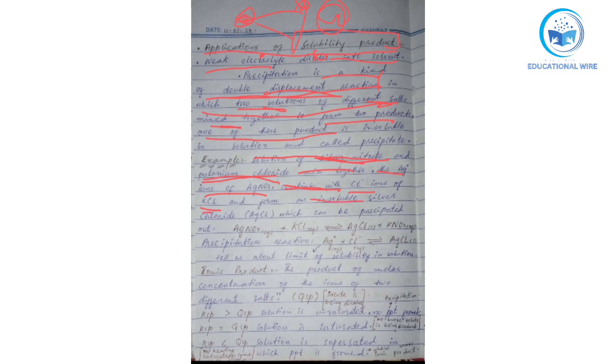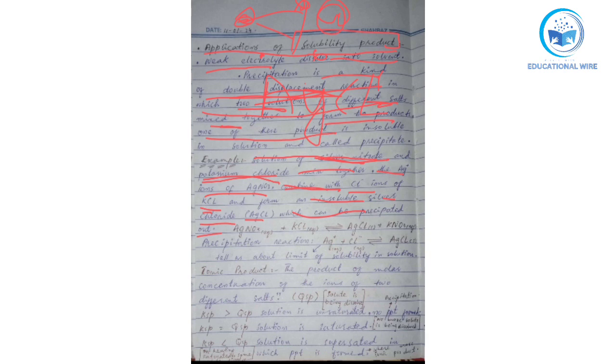They form an insoluble silver chloride. When Ag and Cl combine together, we get an insoluble chloride, AgCl, which can be precipitated out, meaning it will precipitate and come out.